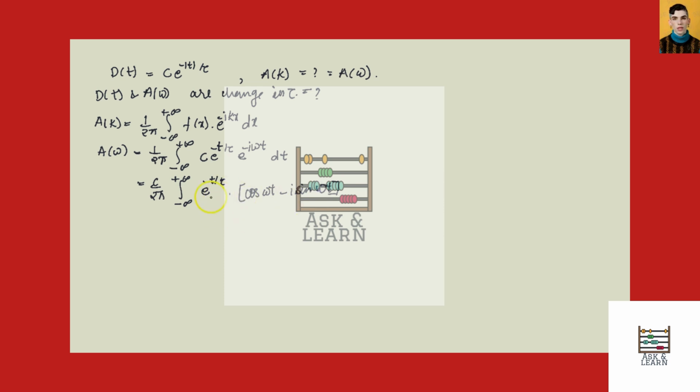Opening the bracket and multiplying by the exponent, C by 2 pi times the integration from minus infinity to plus infinity e to the power minus t by tau cos omega t, minus i times the integration from minus infinity to plus infinity e to the power minus t by tau sin omega t. This is the imaginary part.